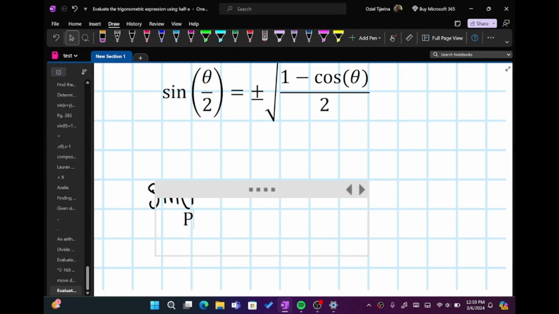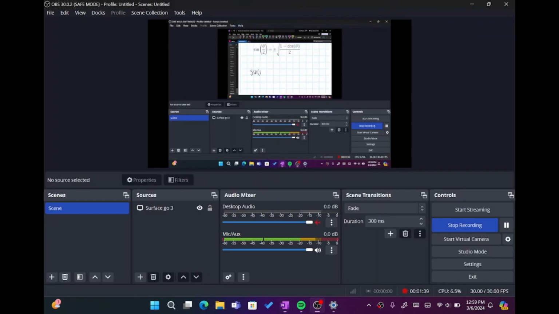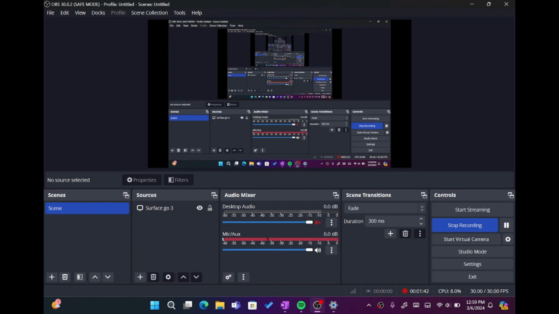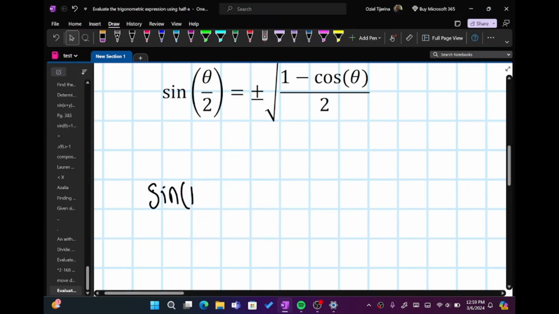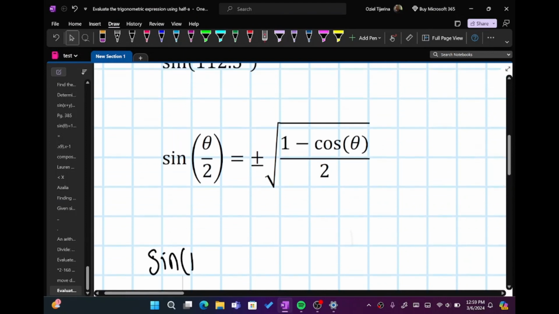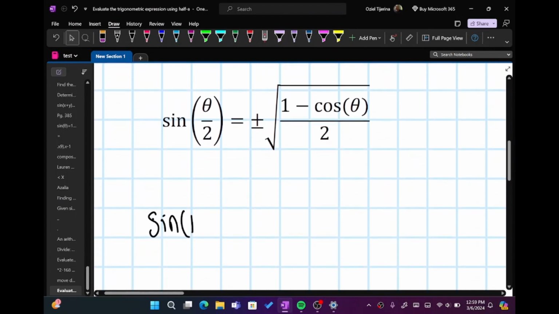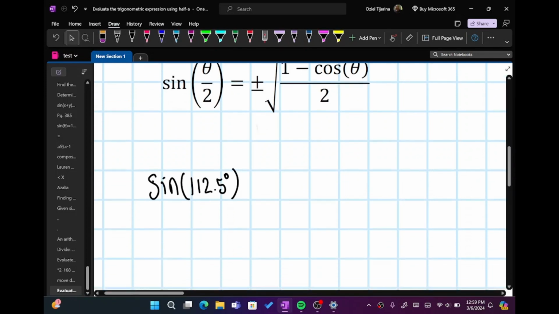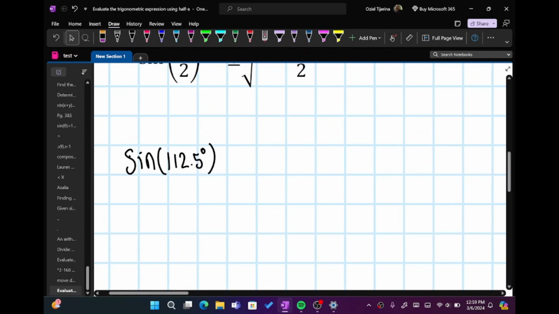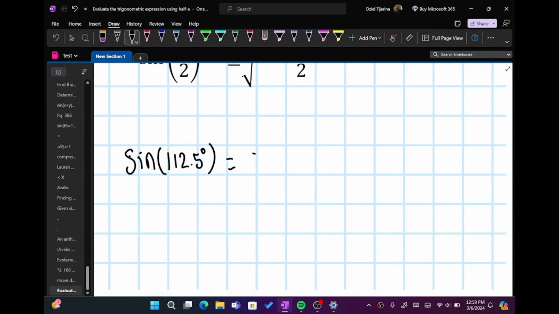Here you want to remember that the sine of 112.5 degrees has to equal the sine of theta over 2. In other words, 112.5 degrees has to equal this.